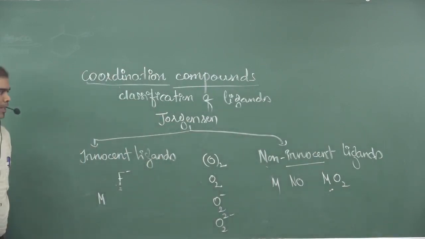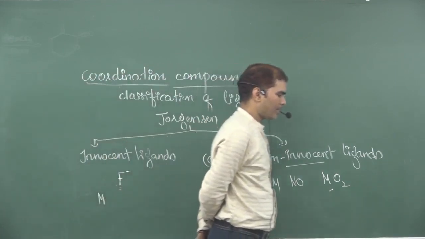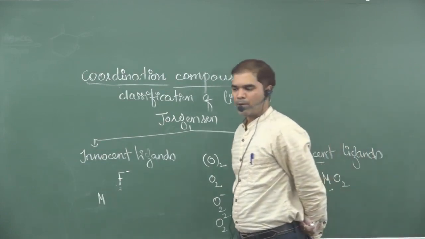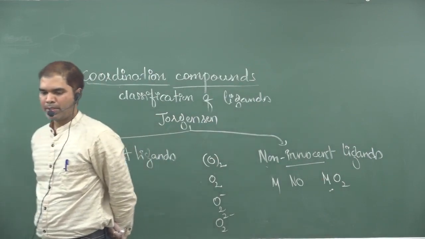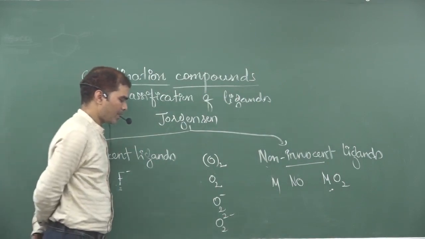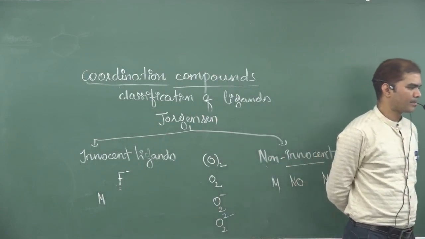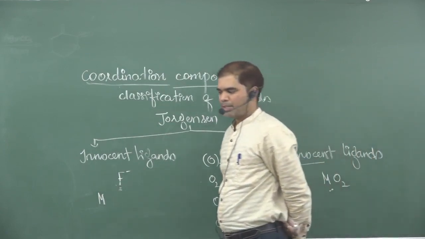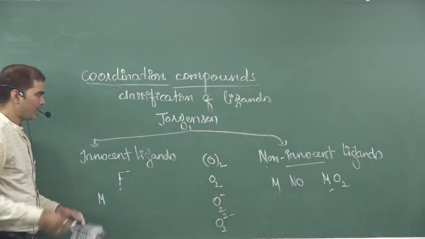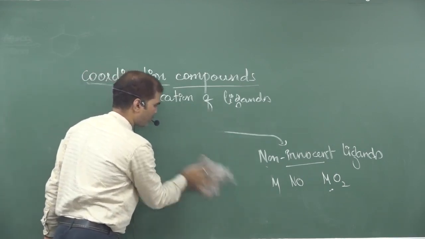Next, a non-innocent ligand is the one which does not allow the oxidation state of the metal to be defined.